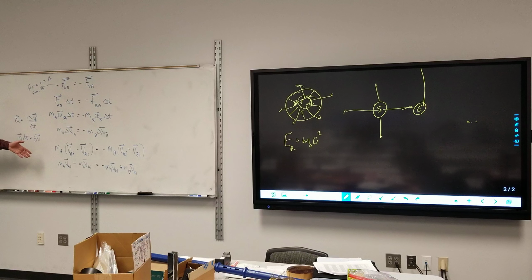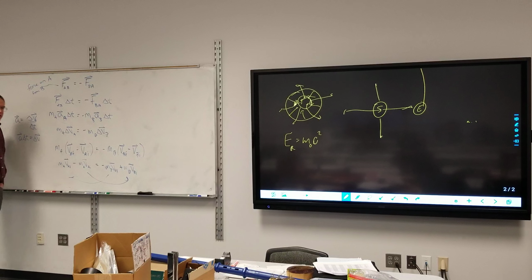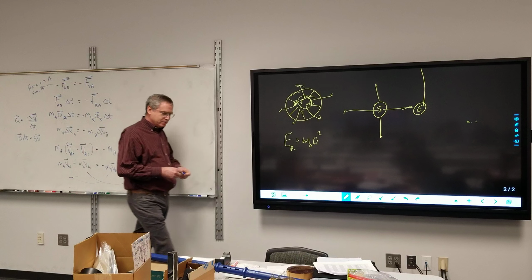So incredibly obvious, I'm surprised that this is not kindergarten stuff. We're going to make one other change. I'm going to get all the I's on one side and all the F's on the other side. So bring this over to here and bring this over to here. And at that point, everything will become clear. Or not.